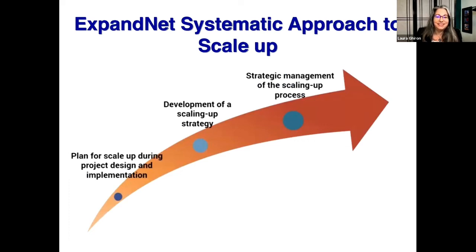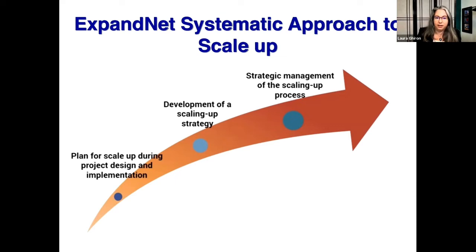would suggest that scaling up thinking has to begin at the very earliest stages, from even when we're planning and designing an experimental project, some kind of implementation research, any kind of test. We want to be sure that it is implemented and designed in a way that looks ahead to its future scale up.